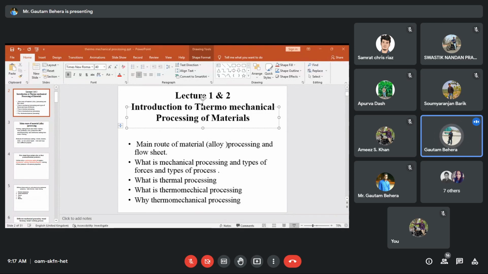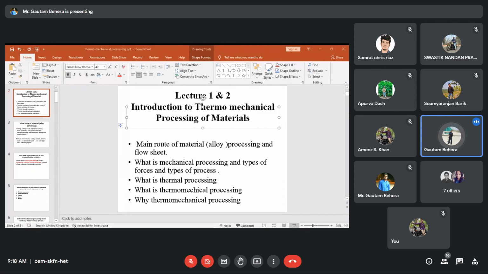So first is the metal production by melting, then we do casting, and that kind of casting is actually continuous casting. It is not like batch casting, it is a continuous process. We are continuously pouring the molten liquid, and continuously drawing out the solidified materials or alloys at the other end. So melting and continuous casting is the main metal processing route.